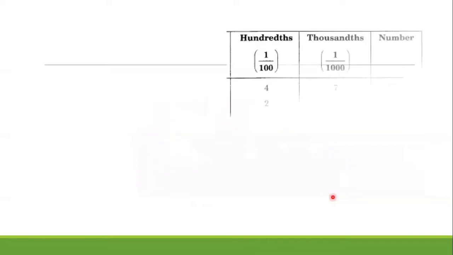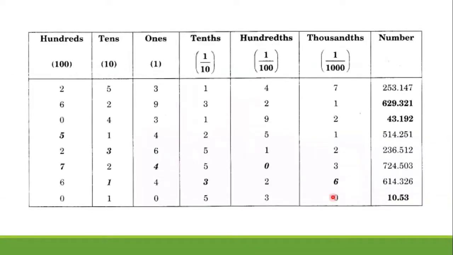Look at the following table and let us read these numbers. 2 hundreds, 5 tens, 3 ones, 1 tenth, 4 hundredths, 7 thousandths make the number 253.147.